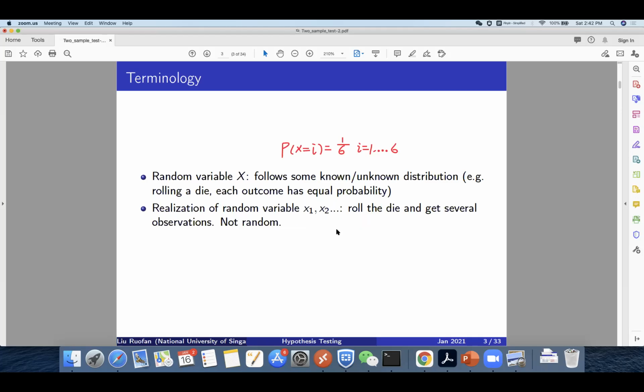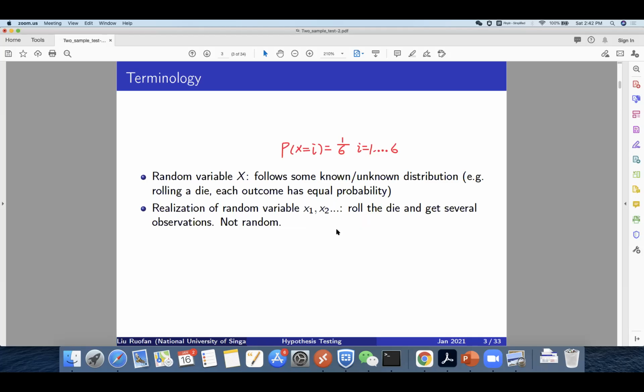First, I want to point out the difference between a random variable and a realization of a random variable. We use a capital letter to denote a random variable. A random variable tends to follow a certain distribution. Either we know the distribution's parameters or we don't. An example would be if we roll a die and observe the outcome.